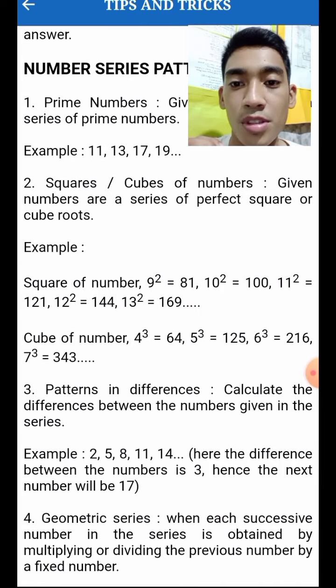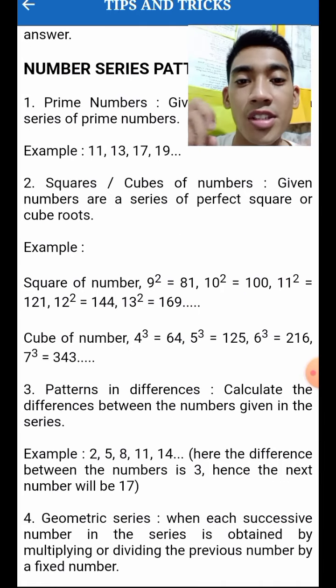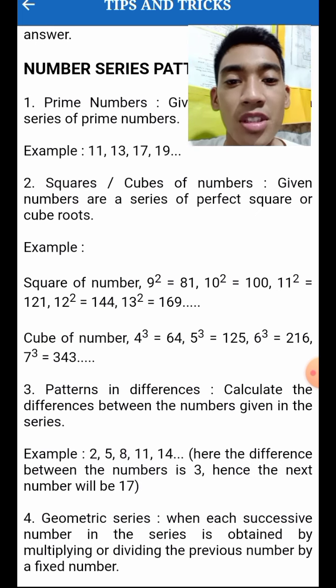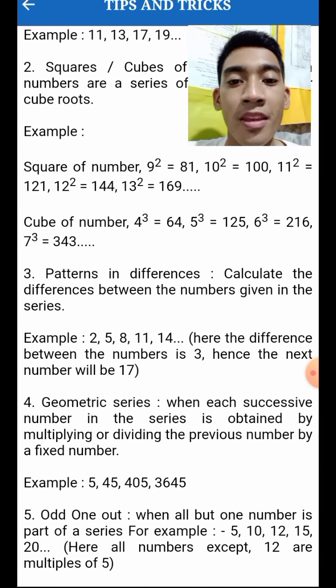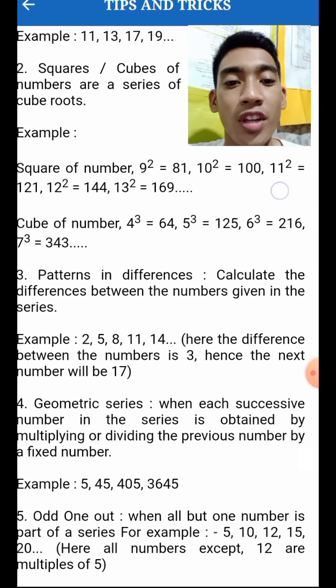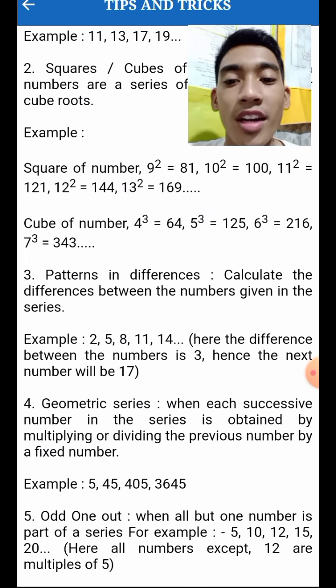Squares and cubes. The next pattern is the squares and cubes of numbers. The numbers are a series of perfect squares or cubes. Example, 9 squared is 81. 10 squared is 100. 11 squared is 121. 12 raised to the power of 2 is 144. 13 raised to the power of 2 is 169.